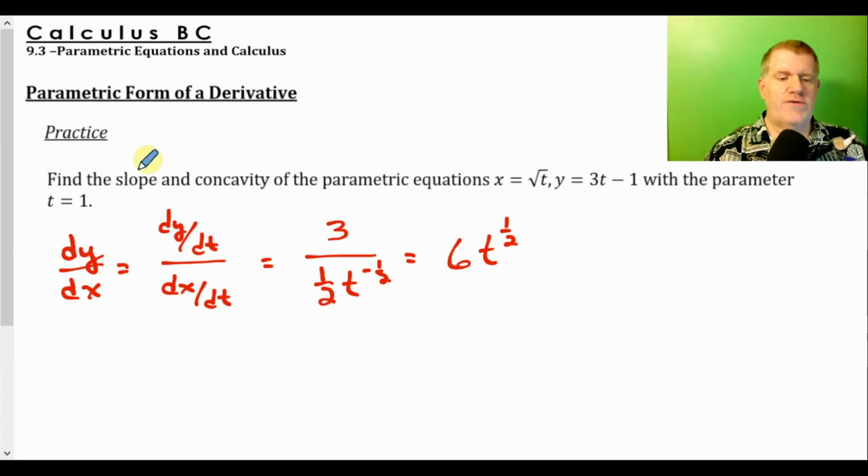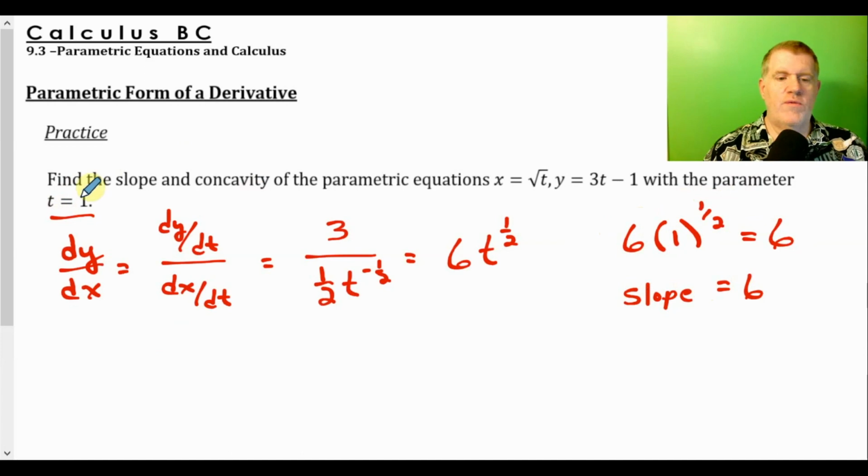In this particular case, we're asked to find the slope when t is 1. If I evaluate this at 1, I get 6. So the slope is 6 when t equals 1. Now for concavity, we're going to need a second derivative.